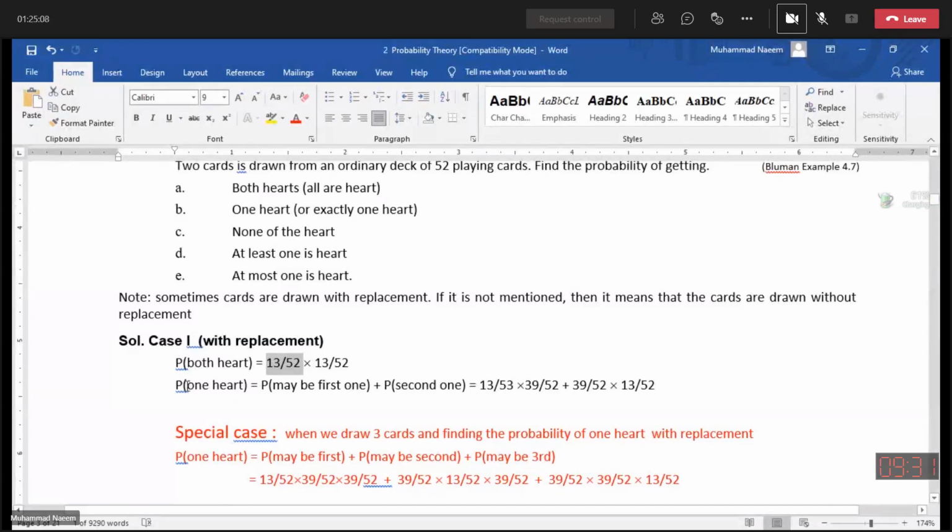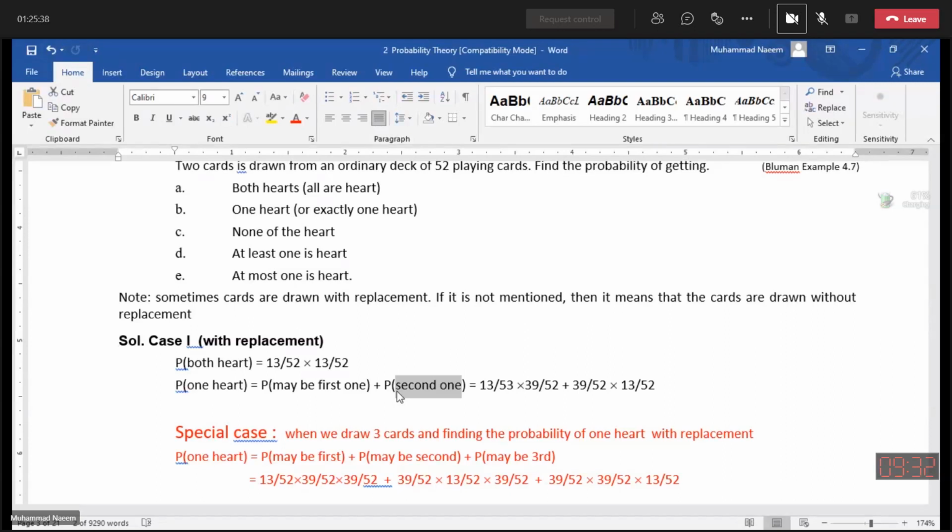So what happens when we need to find the probability of one heart? It may be the first one or it may be the second one. There are two options here. Remember, in both of these options, we are drawing two cards. Don't forget the activity. In our activity, two cards are drawn.